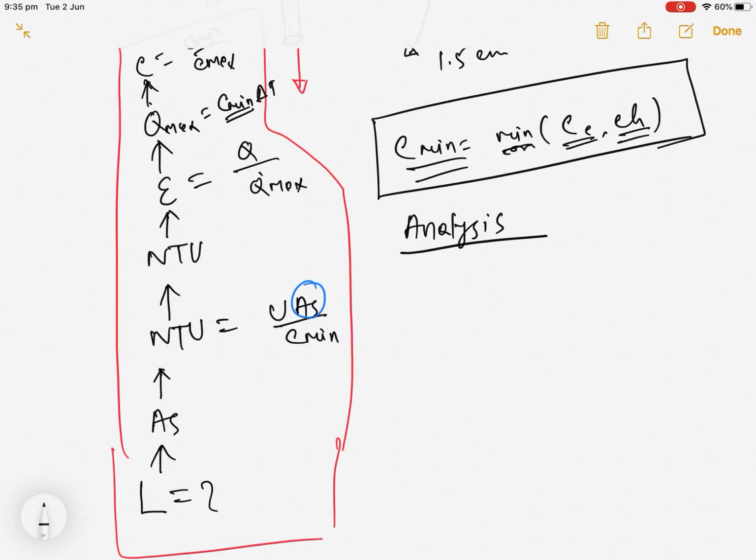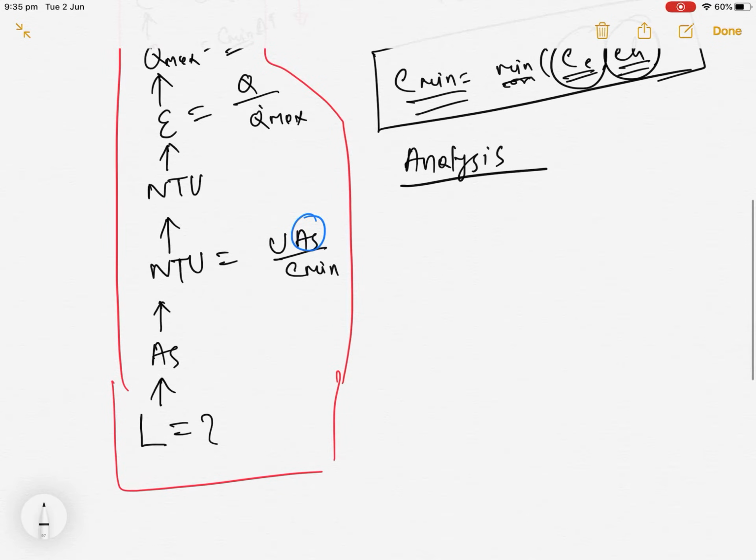So if we start with the analysis, guys, the first thing we need to do is calculate the Cc and Ch. We discussed everything during the lecture. What is Cc, what is Ch? So the formula for Cc, the cold fluid, is the mass flow rate of the cold fluid times the specific heat of the cold fluid.